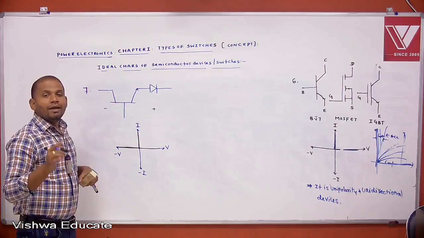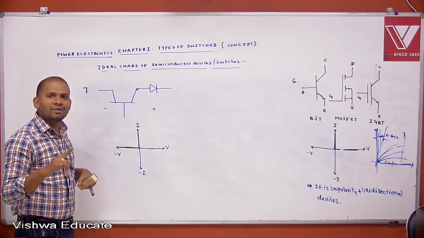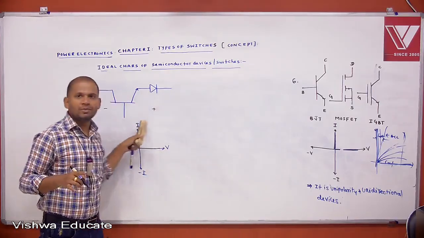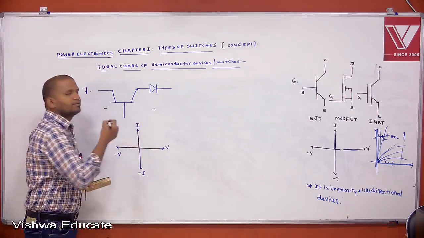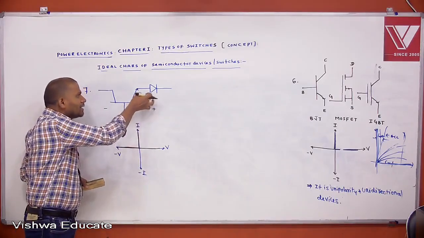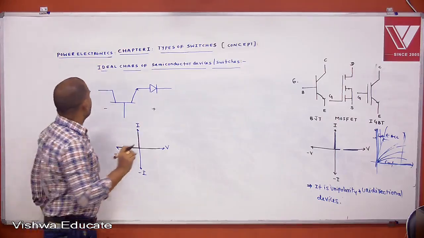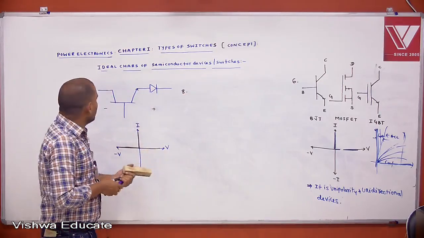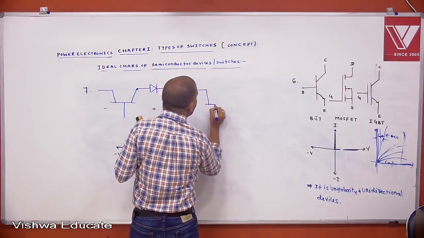That's why for a BJT or MOSFET or IGBT connected with a series diode, extra, it blocks reverse voltage. Understood?